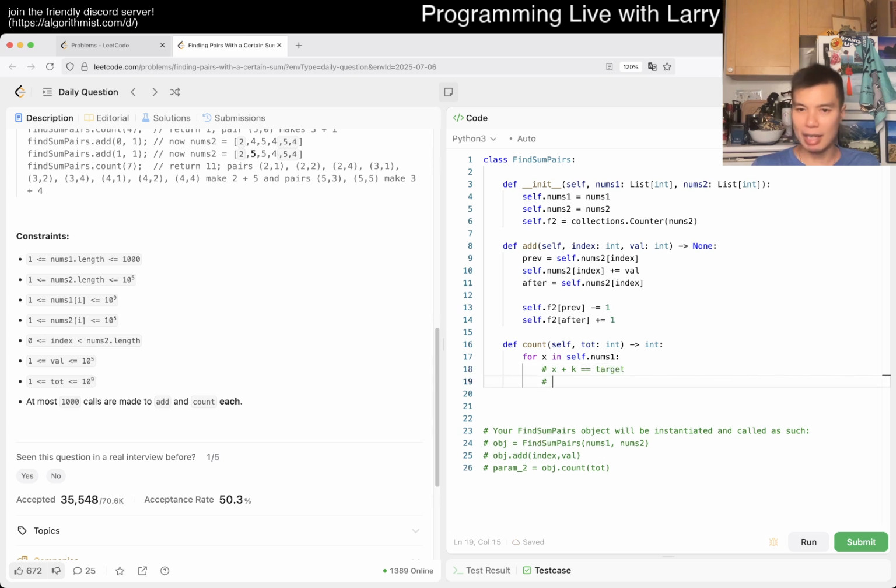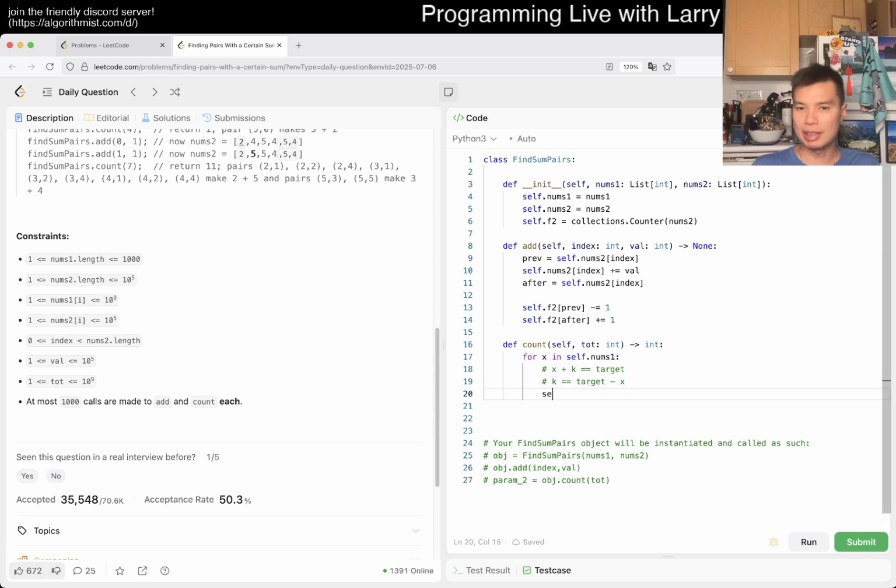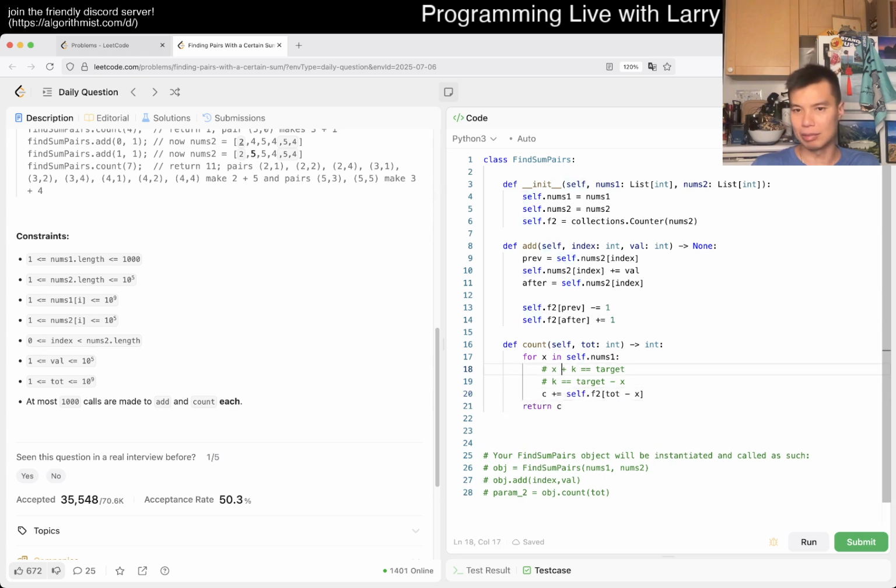Then subtract x from both sides, and you have k is equal to target minus x, and that's what the frequency table is for. So we have self.f2 of target minus x, and that is the count. And that's it, really.